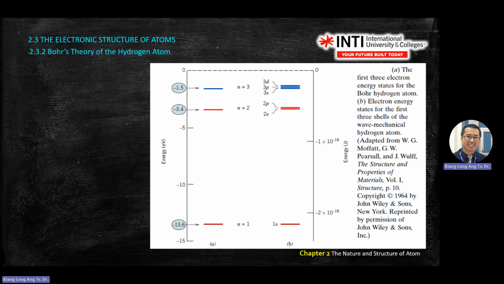Okay. Now, to make a jump, the electron making a jump from n number 2 to ground state, what is the energy needed for the electron on the hydrogen? What is the energy it needs?